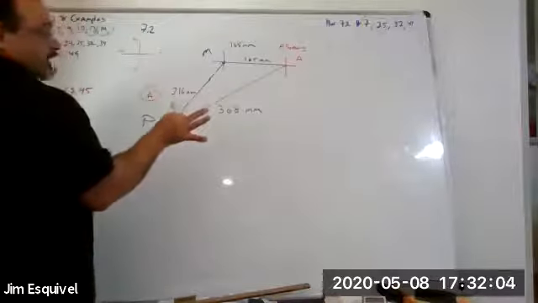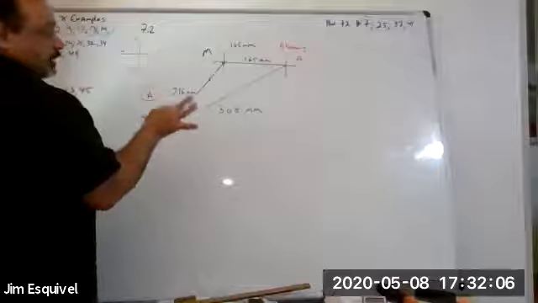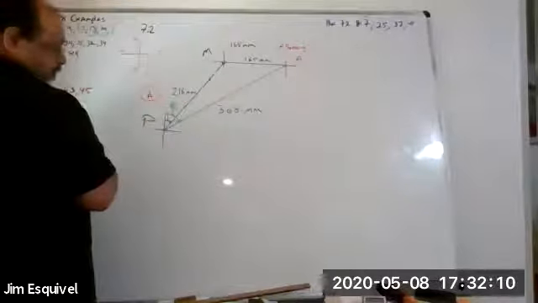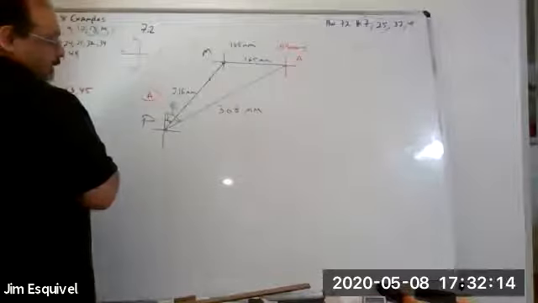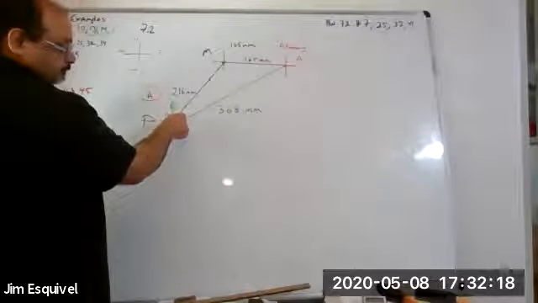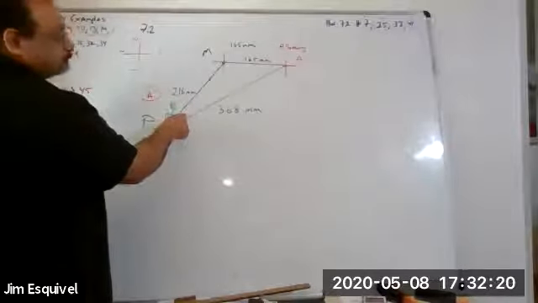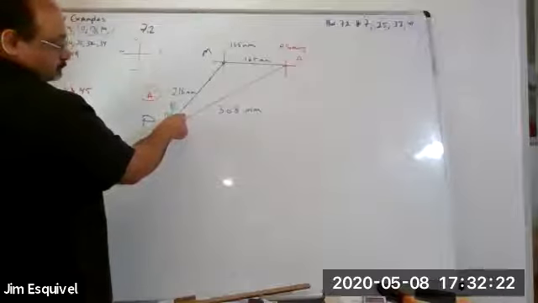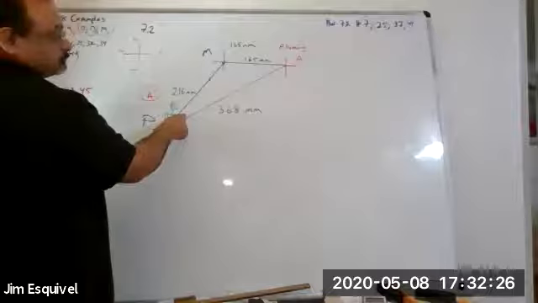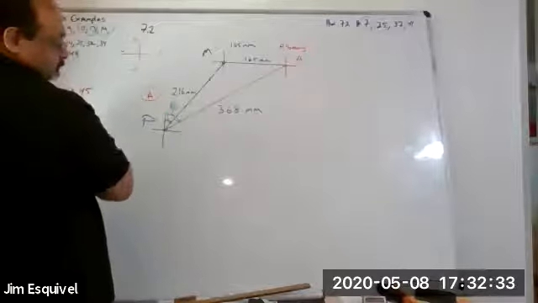If you have three sides in a triangle, the law of cosines will give us some angles. It looks like we're going to need angle P, definitely, and it looks like we're going to need one more angle. We're going to need at least two angles in that triangle.